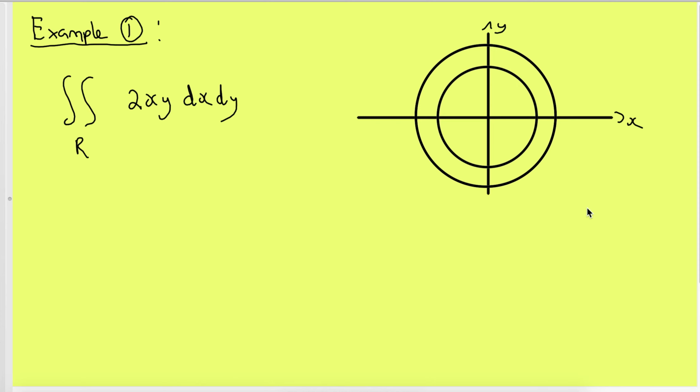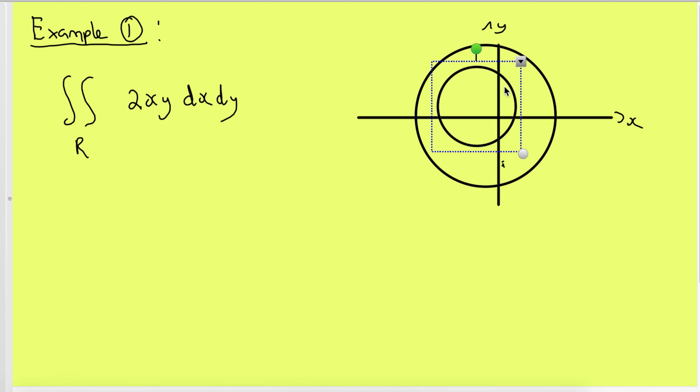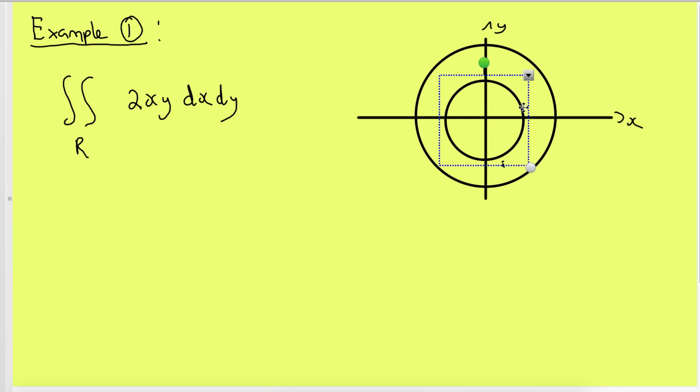In fact, I'll make this wee circle a wee bit smaller. Okay, that looks a bit better. So what I'm going to say is I want this region here, so this bit shaded.